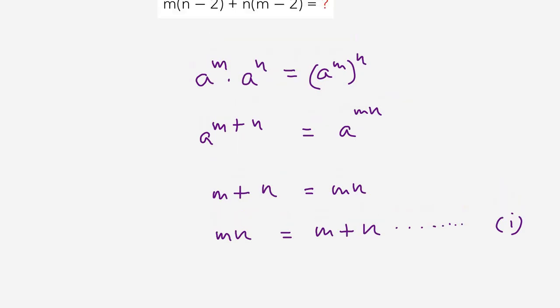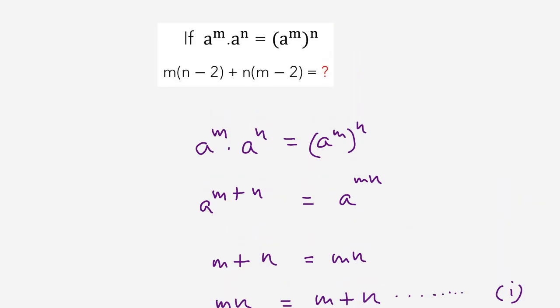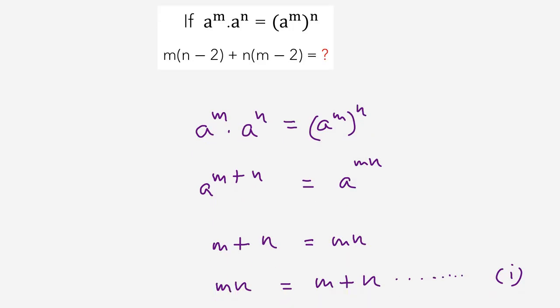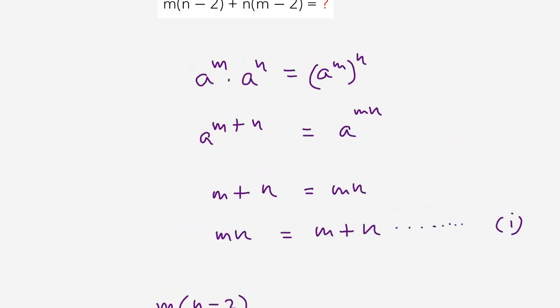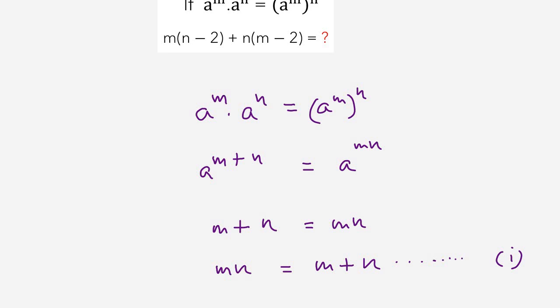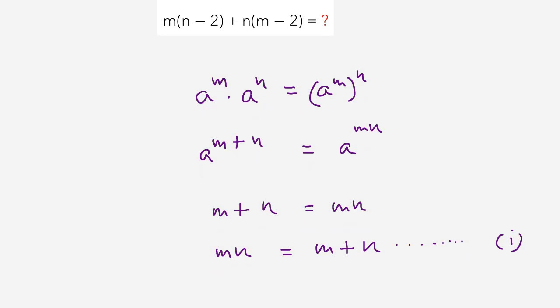Now our given expression is m times n minus 2 plus n times m minus 2. So we have m times n minus 2 plus n times m minus 2.